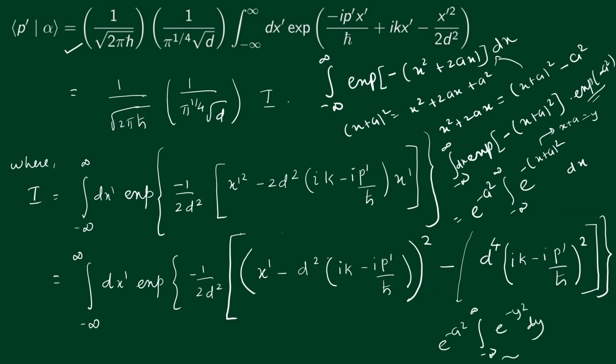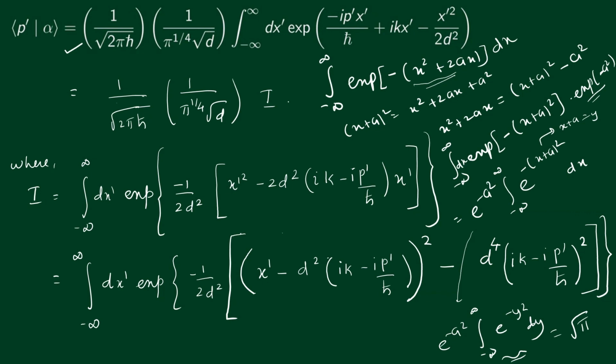And we know that this integral is equal to square root of pi. So by completing the square, we have brought it to the familiar Gaussian integral form. That's exactly what we'll do here.